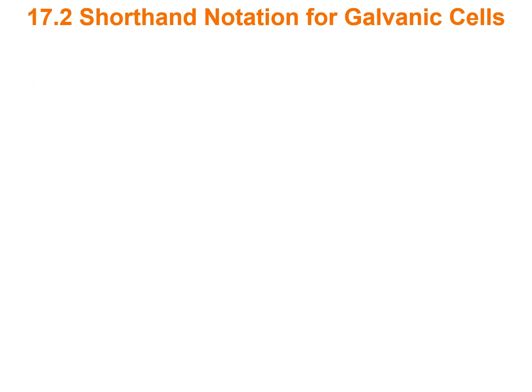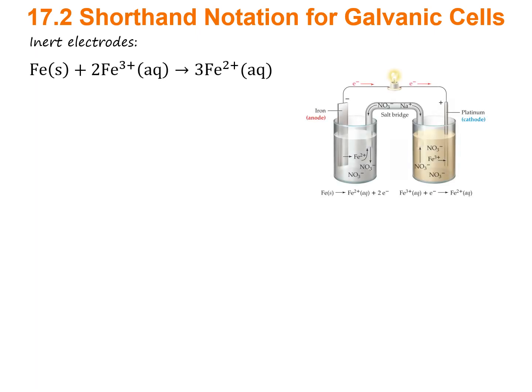So just to make sure that we've touched base on some of the trickier notation, let's look at when you have an inert electrode. For instance, when we look at something like iron reacting with 2 Fe3+ to form 3 Fe2+, you can see in that right-hand half reaction, the right half of that cell where we have the reduction occurring, we're going from Fe3+ to Fe2+, and both of those are aqueous in solution.